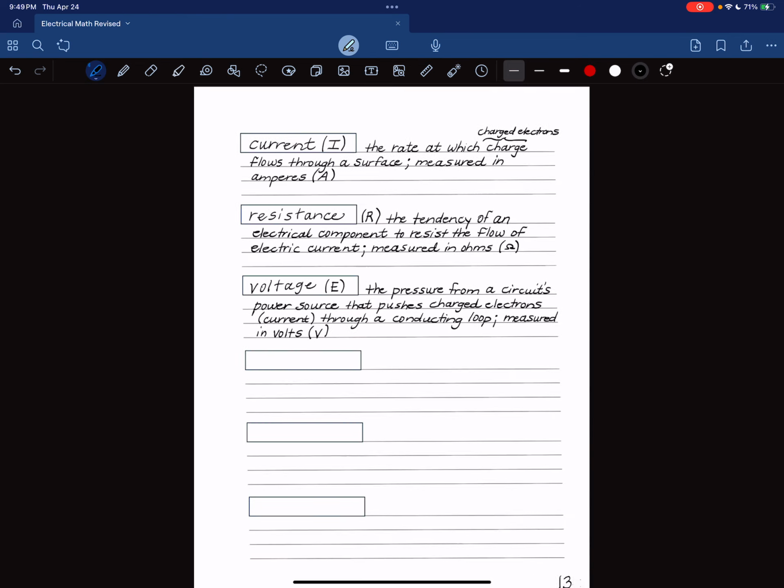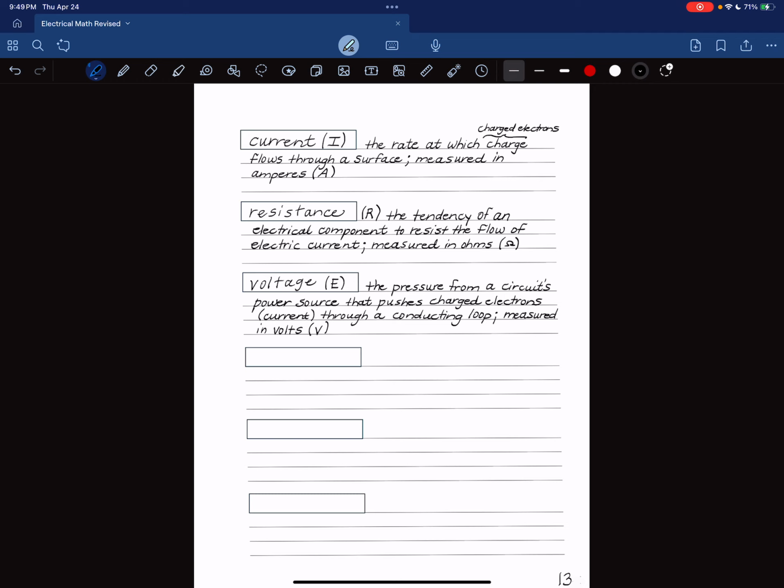And you are going to get to know these four components very well. Power P, current I, resistance R, and voltage E. And I believe, did I give you a chart? I maybe did not. Oh, I did.